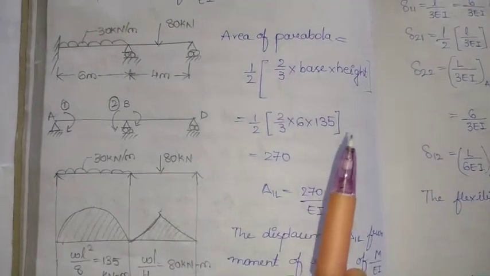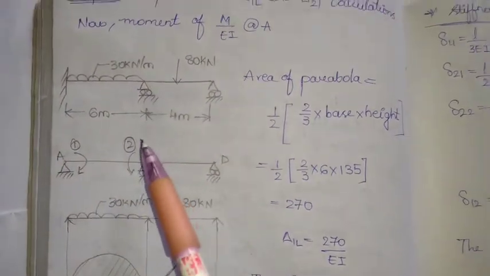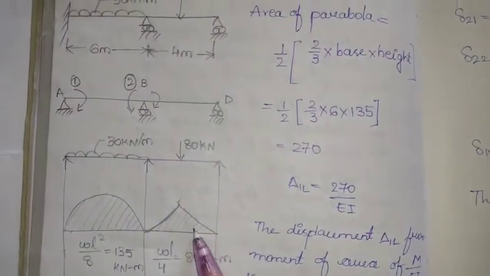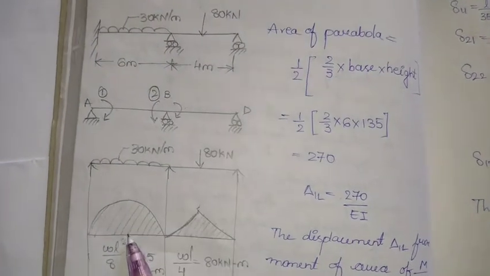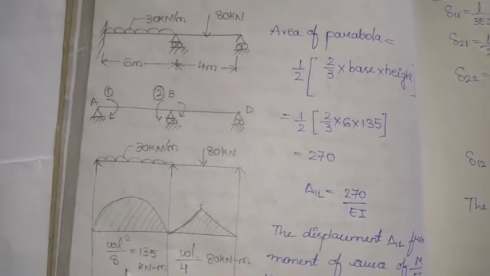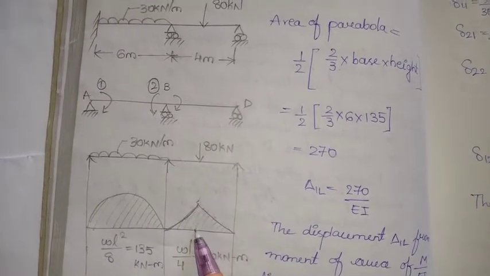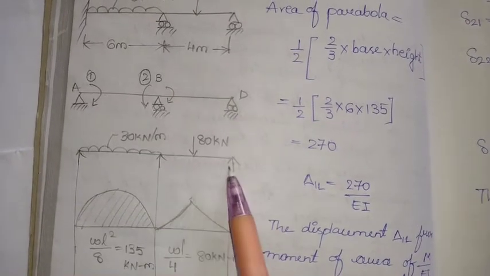In this sum we are using the conjugate beam method. For the conjugate beam method, remember that under a point load we will get a triangle, and under a UDL we will get a parabola. Here the vertical height of the triangle is WL by 4. We are taking it as a simply supported beam.